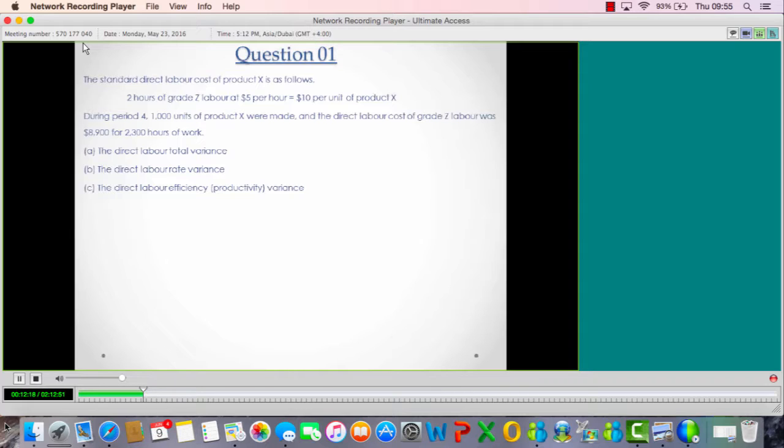Now the first one is they are asking about the direct labor total variance. You have produced 1,000 units, and the cost that will be the standard cost for 1,000 units, and the difference between the actual cost and the standard cost for 1,000 units is what they are asking for, the direct labor total.